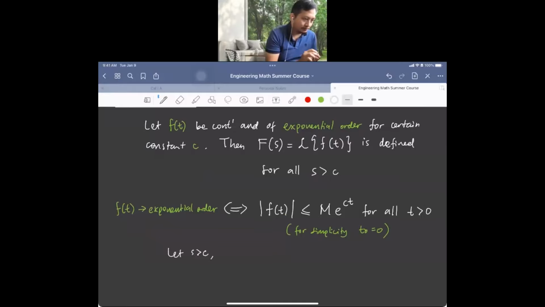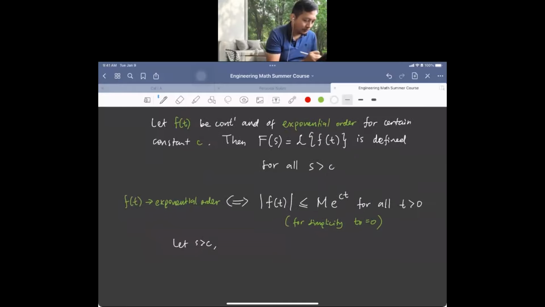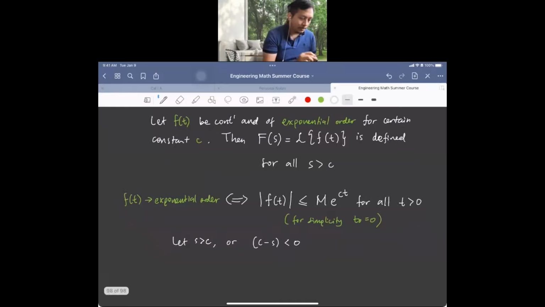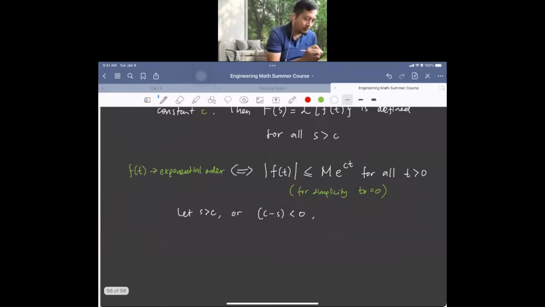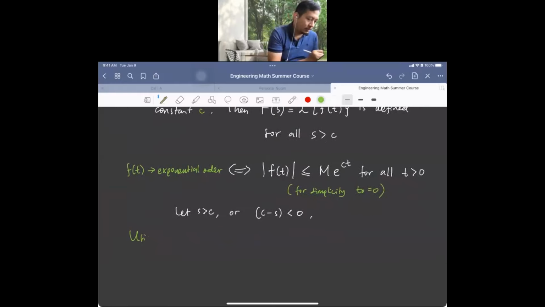Okay, let s be greater than c, or in other words, we could say c minus s is less than 0. And then using the comparison theorem in calculus, in integration, we have a comparison theorem, right?